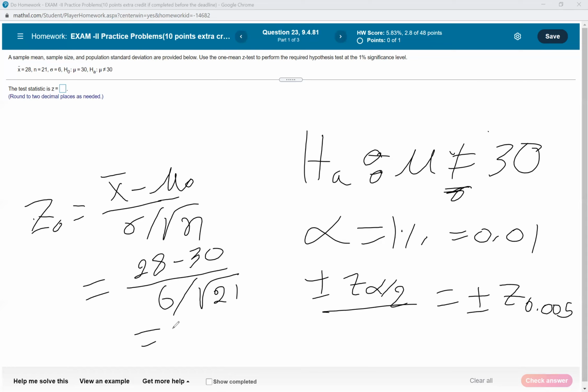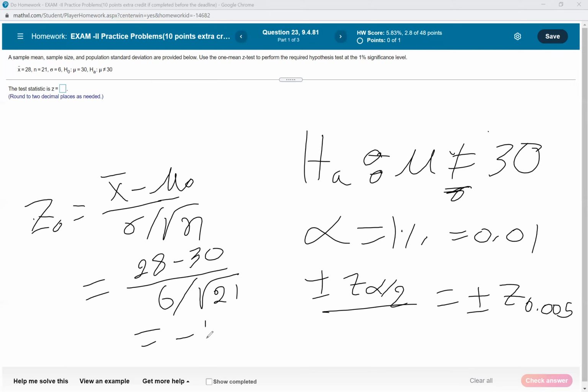Simplify this: 28 minus 30, divided by 6, times the square root of 21.